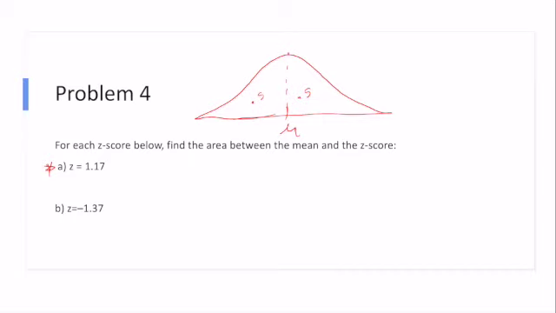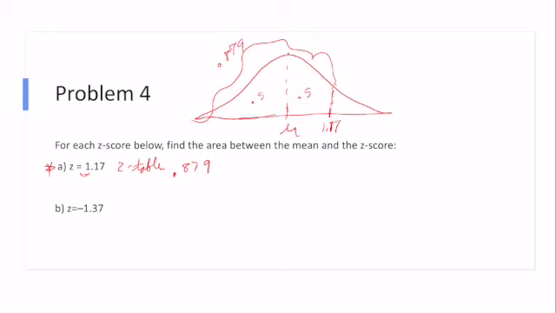I'm going to go to the z-table, look this up, and get a value of 0.879. And this makes sense, right? If I have a positive z-score, it's above the mean. So the area to the left of 1.17, the entire area, is 0.879.